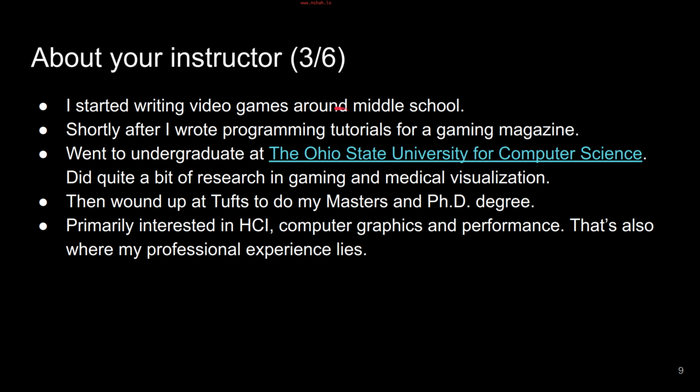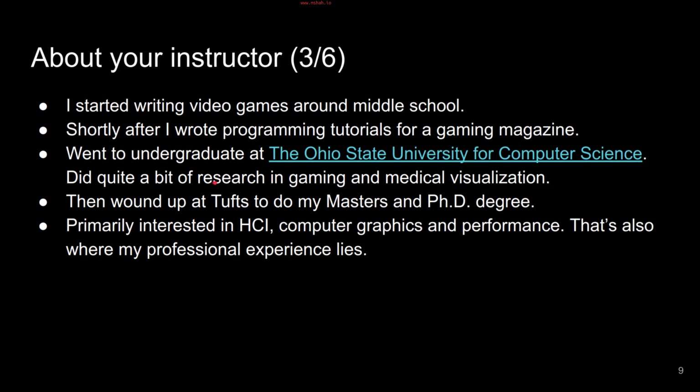So I started writing video games around middle school, and then writing tutorials for a gaming magazine. If you look hard enough, you can find them on the internet. It's kind of funny to look back on. I did my undergrad at Ohio State, a big school out in Columbus, Ohio, where I studied computer science and also learned about research.